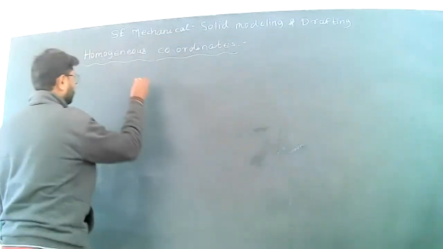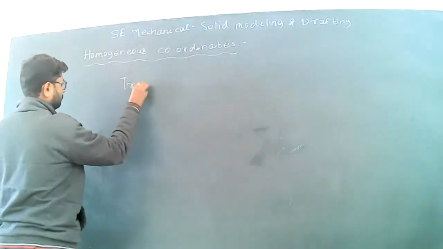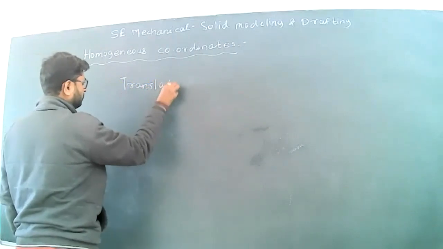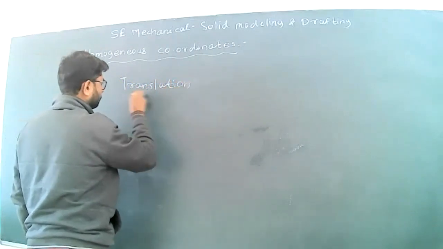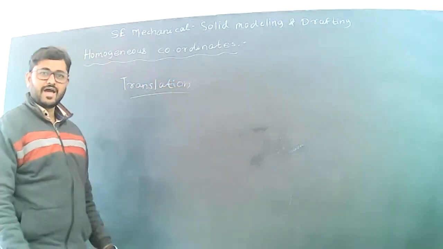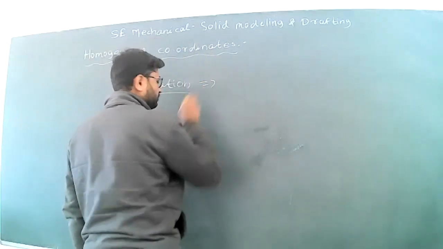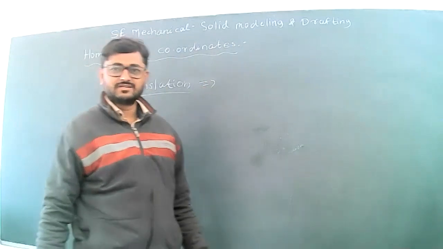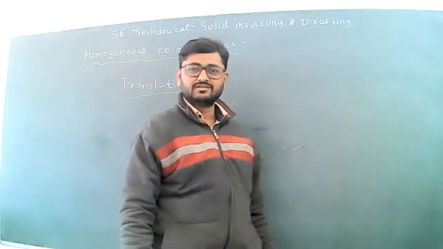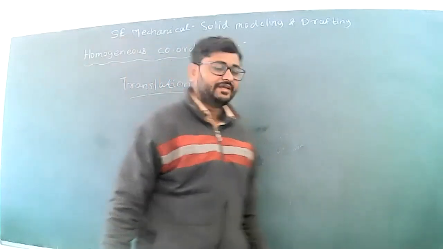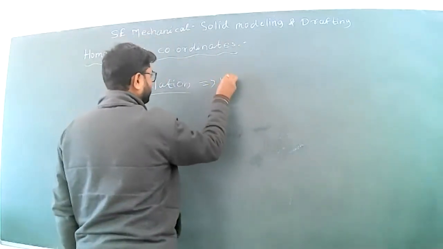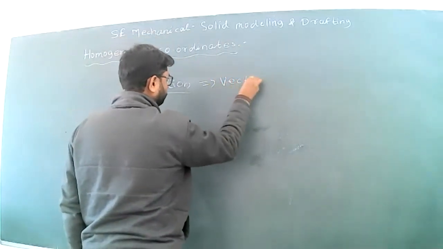This translation, in geometric transformation, is in the form of vector addition.